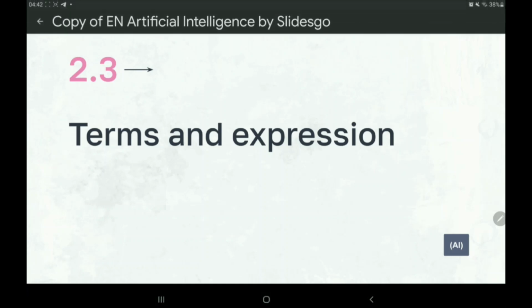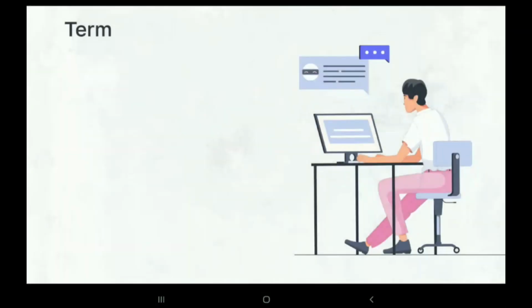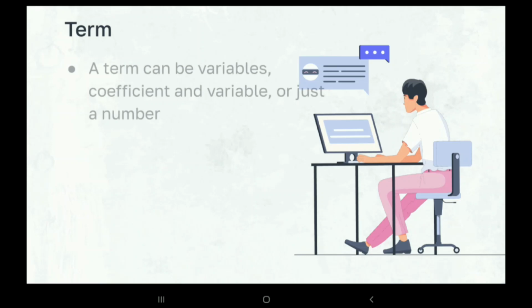So, term and expression, 2.3. So what is a term? A term can be variables, coefficients and variables, or just a number.